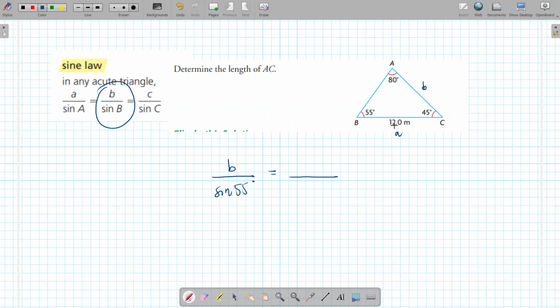So the set that we do know is A and capital A. So 12 is your A, and then in the denominator, you have the sine of the angle of 12, which is 80. So b is simply going to be 12 over sine 80 times sine 55. That's it. You plug that in a calculator, and you'll get b. So that's the sine law used when you have a set for non-right angle triangles.